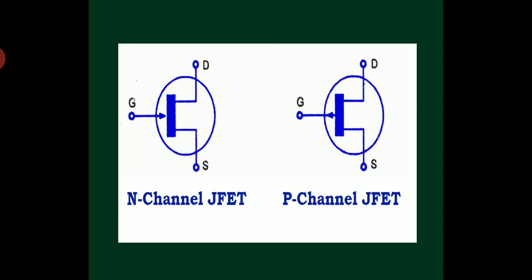Input field means the voltage applied between the input terminals, that is source and gate. So output current is a measure of input voltage and can be controlled by varying the input field. That's why input field has an effect on output current, and hence the name field effect transistor.